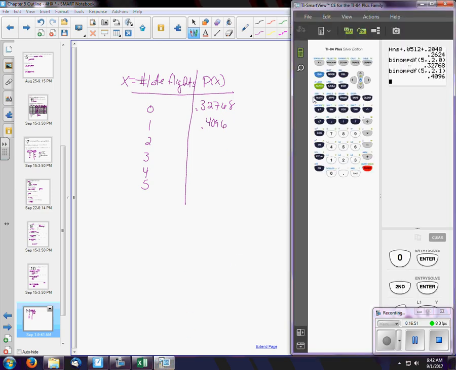So you could fill that in by hand. The calculator also has a nice feature that if you use the binom PDF function, but you only put in the first two pieces, n and p, it will actually give you the list of all of those probabilities.